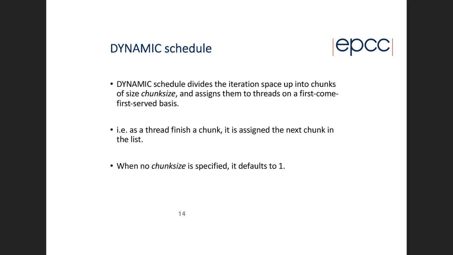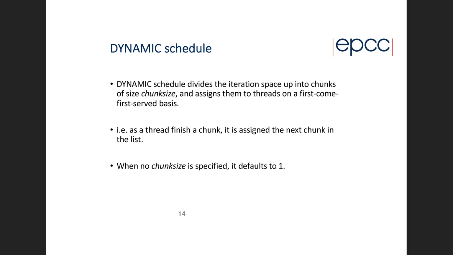Okay. The next possible option is dynamic. The dynamic schedule also divides the iteration space up into chunks of the specified chunk size. But instead of doing a cyclic assignment to threads, it assigns them on a first come, first served basis.